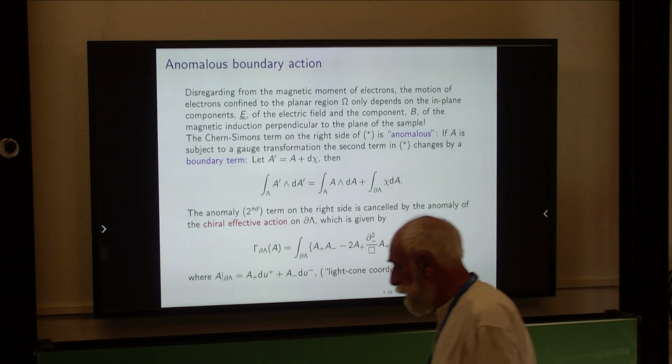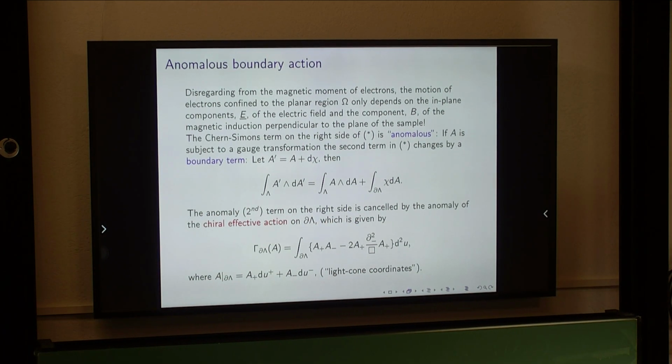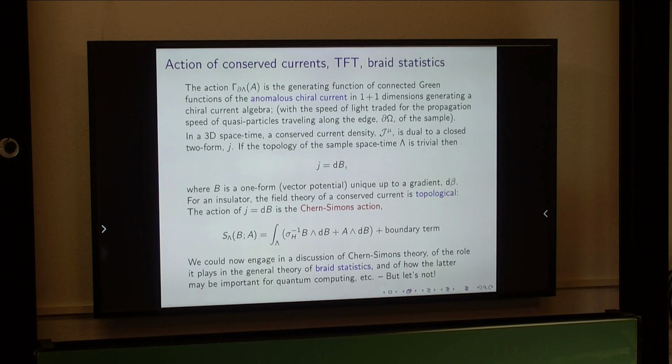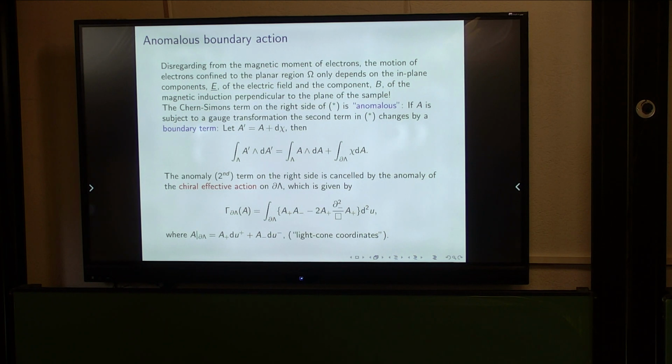I neglect this little complication. All right, so that's the boundary action. And it's now an exercise for you to check that if you gauge transform this chiral boundary action, you just get the same anomaly as from the Chern-Simons term.